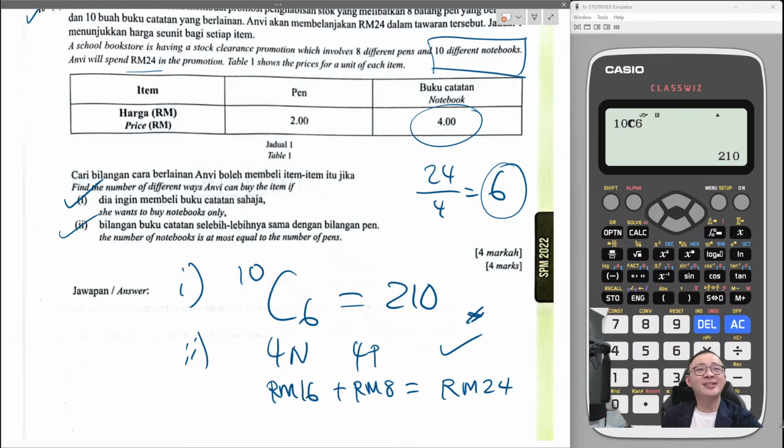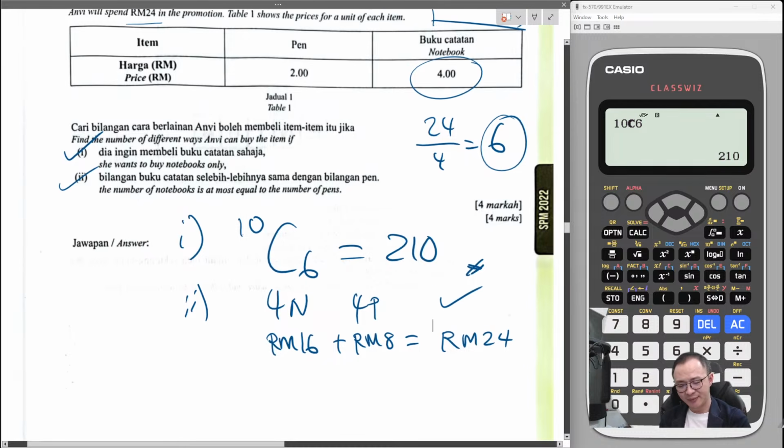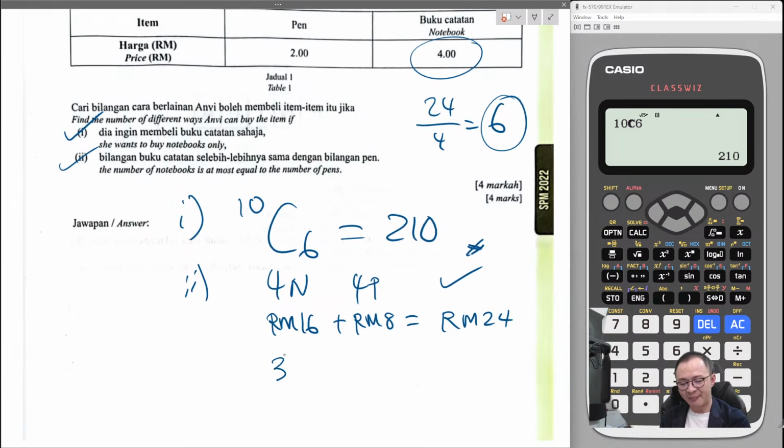But can it actually buy more pens? Yes, right. If I buy 3 notebooks, 3 notebooks is about 12 ringgit. Then I can get 6 pens, isn't it? Yeah, 6 pens also 12.